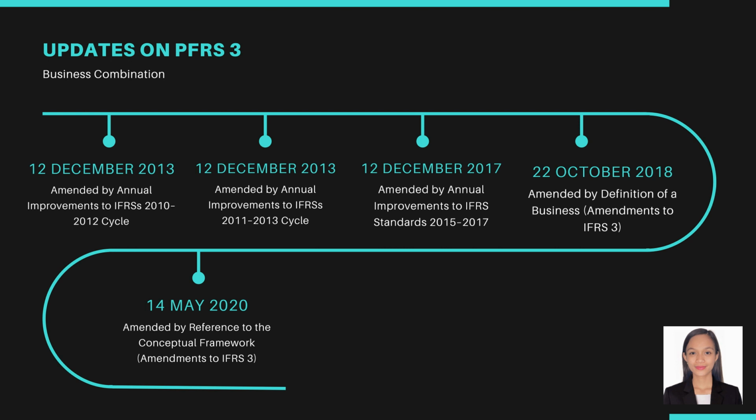They clarify that to be considered a business, an acquired set of activities and assets must include an input and a substantive process, so may process, that together significantly contribute to the ability to create outputs. The output is the profits. It narrowed the definitions of a business and of output by focusing on goods and services provided to customers and by removing the reference to an ability to reduce costs.